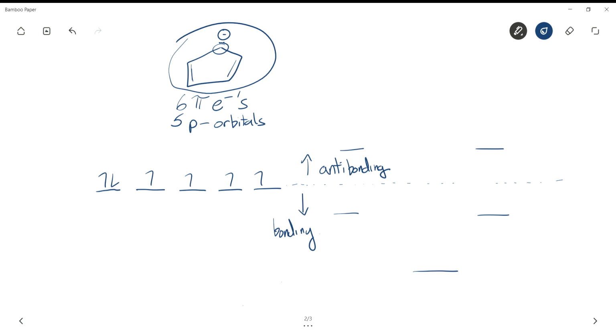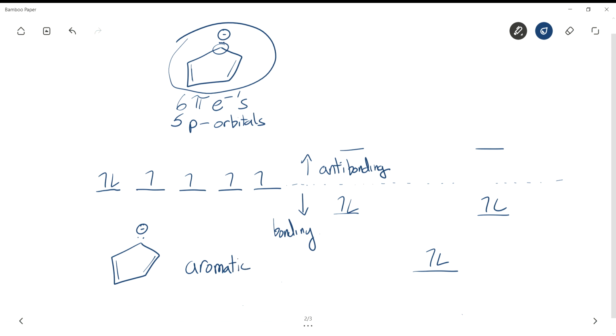Let's see what happens. 2, 4, and 6. I've used up all the electrons. All my bonding are filled, and there is no electrons in my anti-bonding. So we can conclude that this odd-looking molecule with the carbanion in it is aromatic.